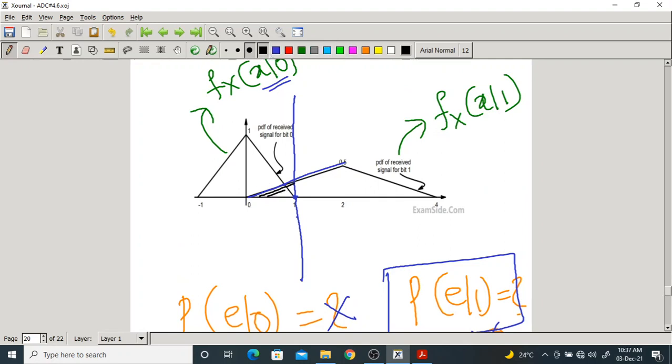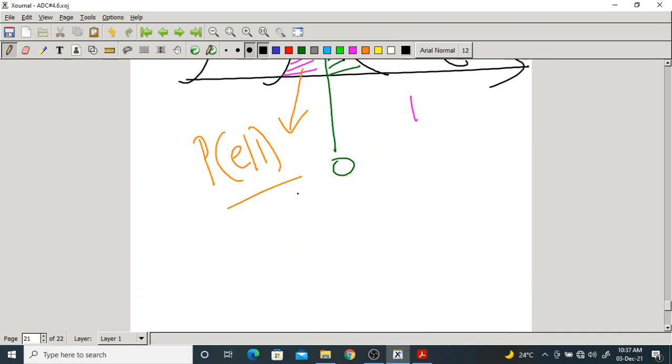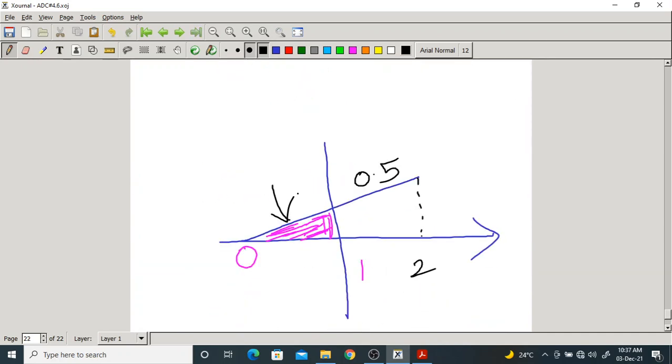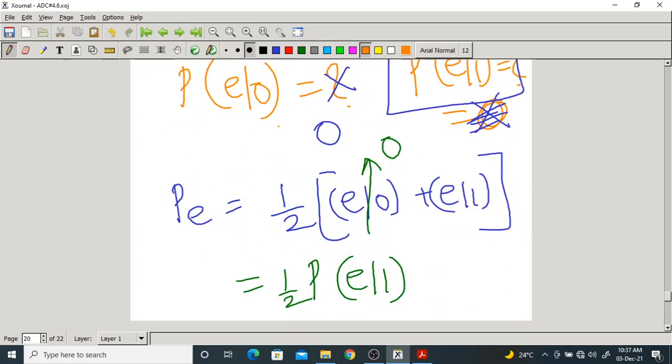The slope is 0.5, and here it is 2. So you find out this area, and you will get the answer. This area by 2, obviously. What does this area indicate? E given 1.